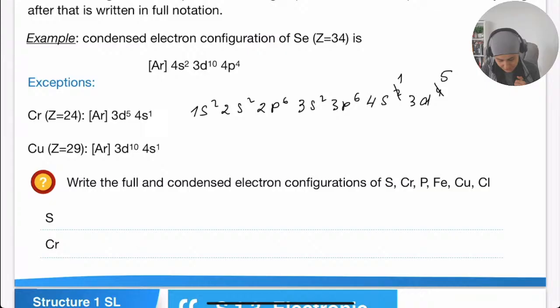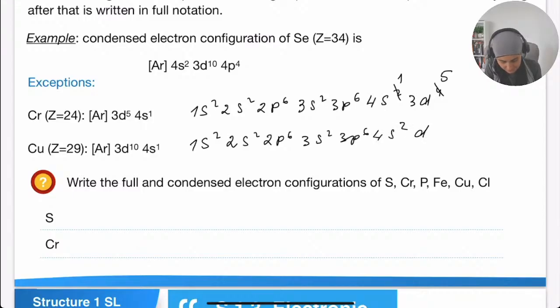The next exception is copper. It has 29 electrons. If I write it normally without knowing it's an exception, it would be 1s2, 2s2, 2p6, 3s2, 3p6, 4s2, 3d9. But a fully filled 3d is very stable, so instead of 4s2 3d9, I would write 4s1 3d10.